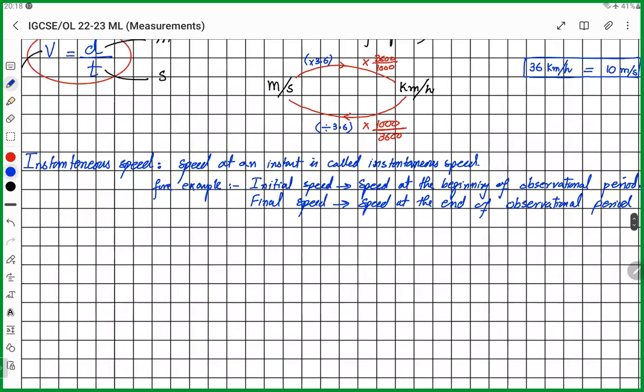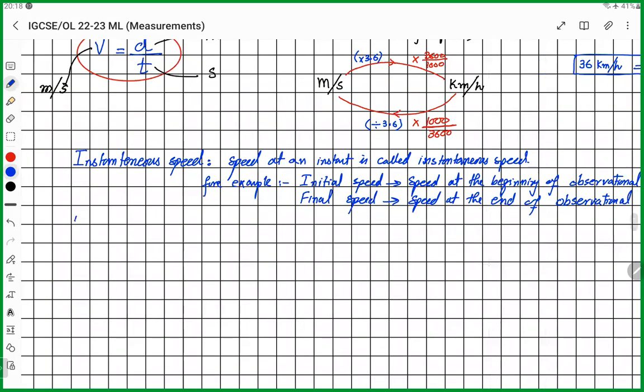Now, after this, there will be average speed. What is average speed? Total distance divided by total time. Good.